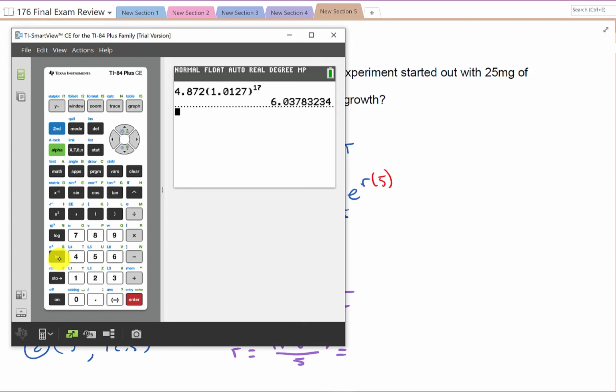I get this negative decimal, which is a decay rate of 13%, almost 14%. I'm going to round it off to 0.13863.